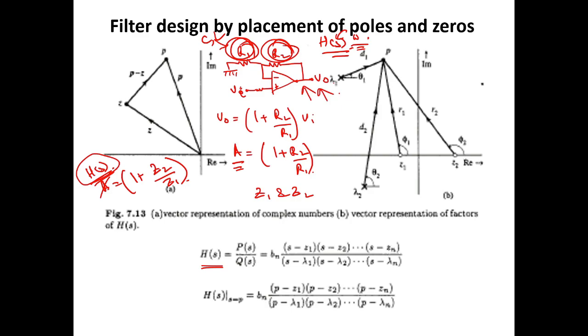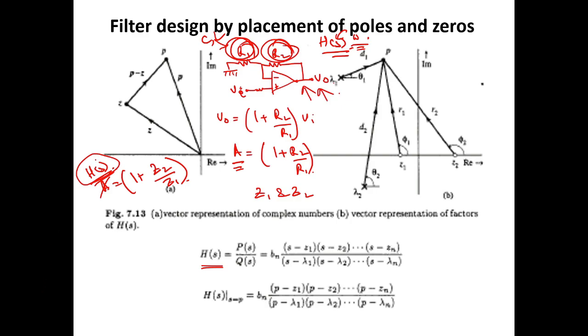Okay. Now what we understood from here is that the transfer function is nothing but a gain factor, or in other words, the frequency dependent gain factor of any given system.